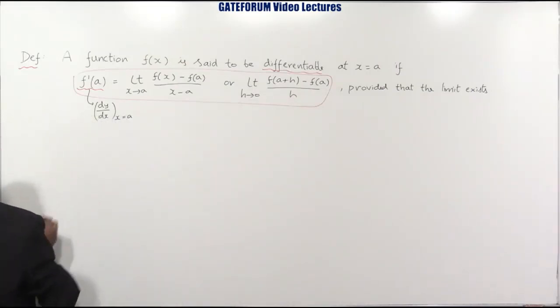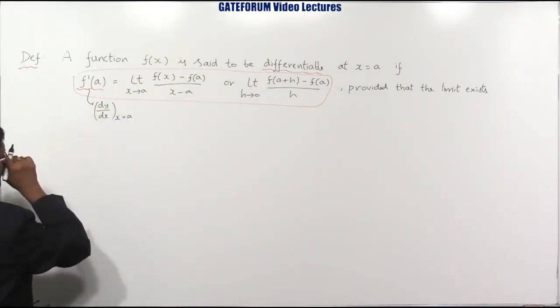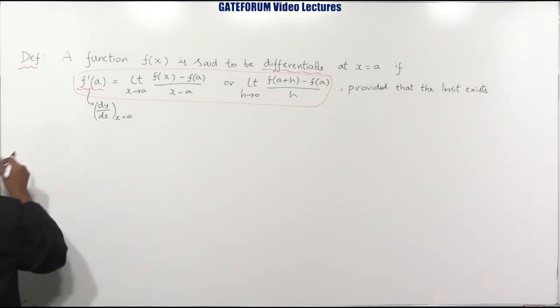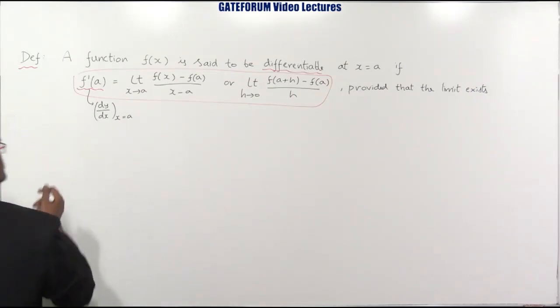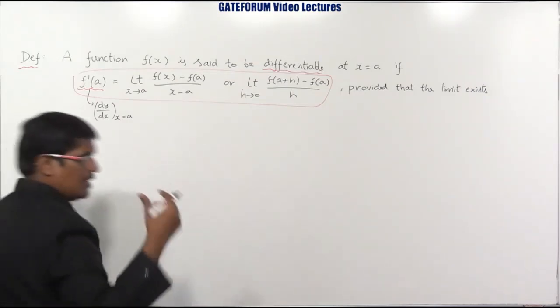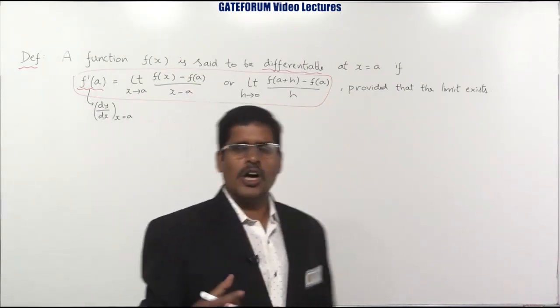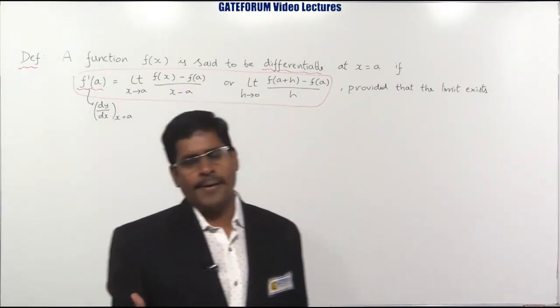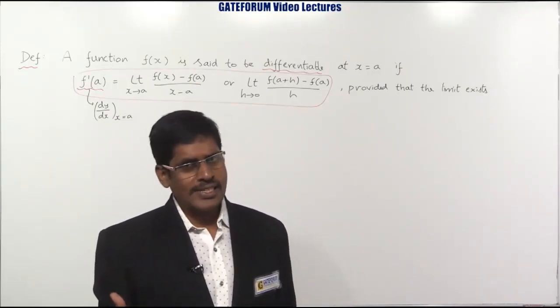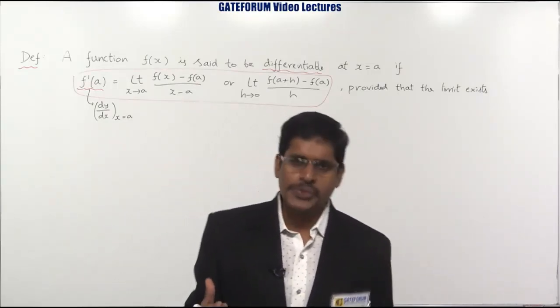Now, when any definition is related to the limits method, automatically there you are having left as well as right. That means left hand derivative, right hand derivative.